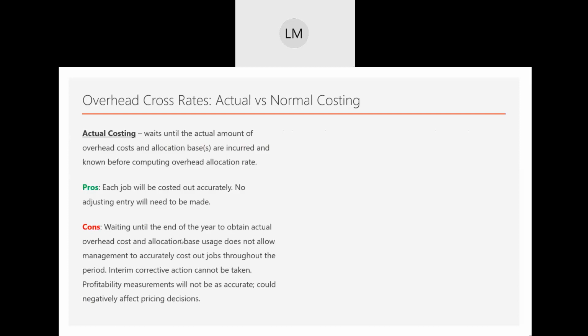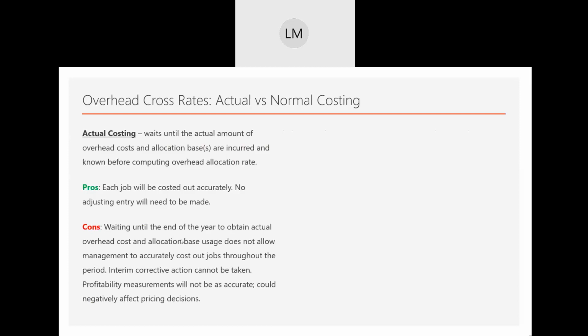For example, if I wait to figure out what my actual overhead costs are before I compute the total cost of each job, I could shortchange myself as far as recovering the cost by setting a price. When I set a price for something, I want to know all my costs up front.